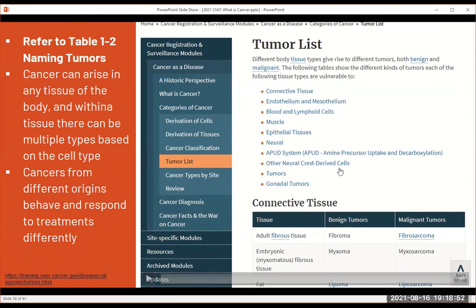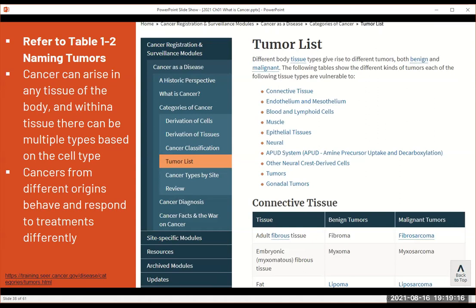Basically, a cancer can arise from any cell or tissue within the body. So there are many kinds of cancer. Depending on what cell type or where the origin of that cancer arose, these different cancers will behave and respond to treatments differently.